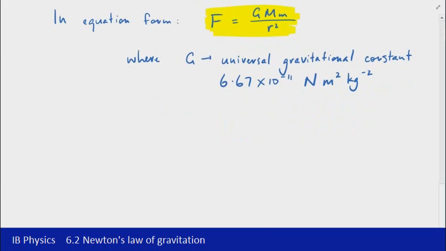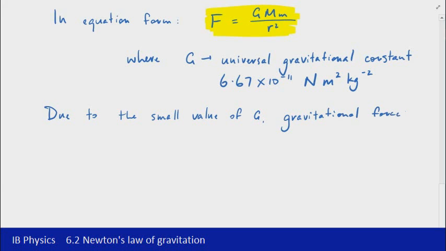I just want to identify something else here: if you look at that value of capital G, you notice that it's quite small. Due to that small value, the gravitational forces that we observe are only really going to be noticeable to us when at least one of the masses is quite large.